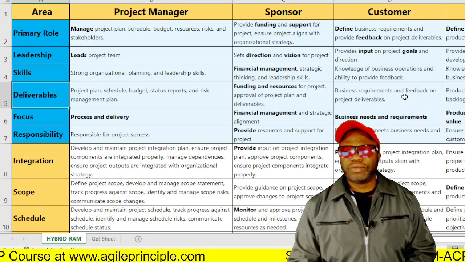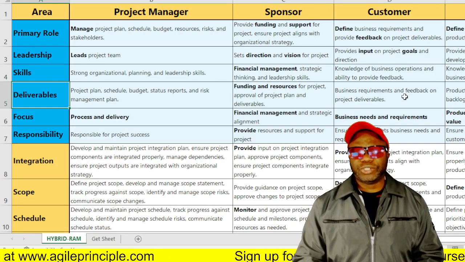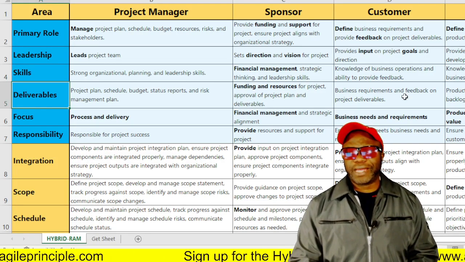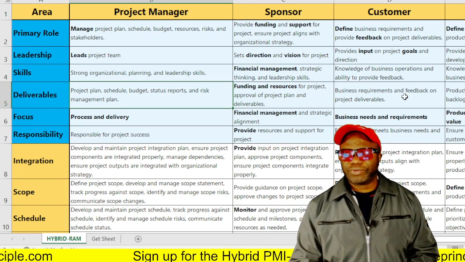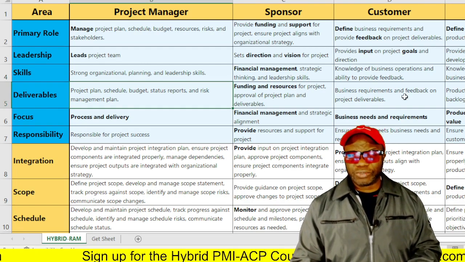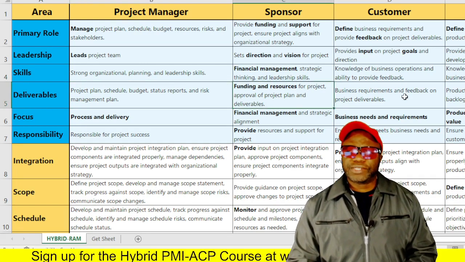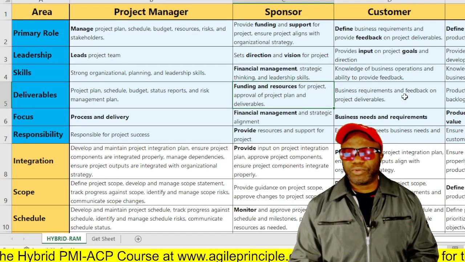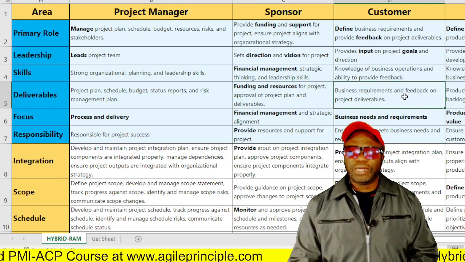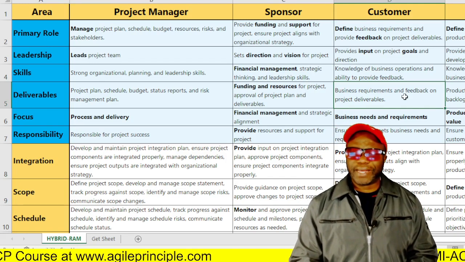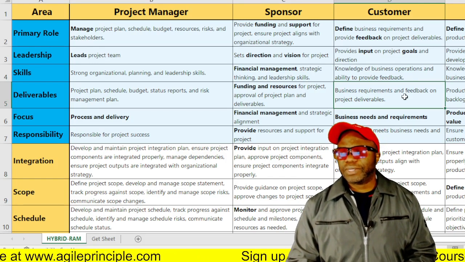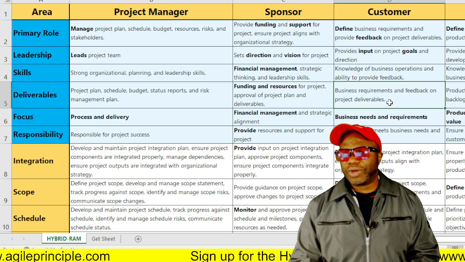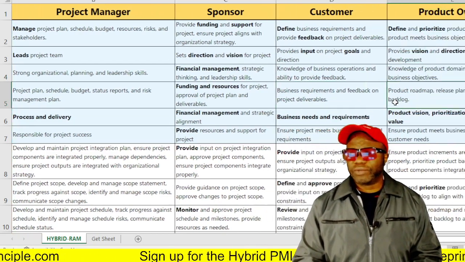When it comes to the deliverables, the project manager should be on top of the project management plan, schedule, budget, status reports, risk management plans, all those knowledge area type of plans. The sponsor is involved in the funding of the project and providing resources for the project, approval of the project management plan and deliverables. The customer is involved in business requirements and feedback on project deliverables.